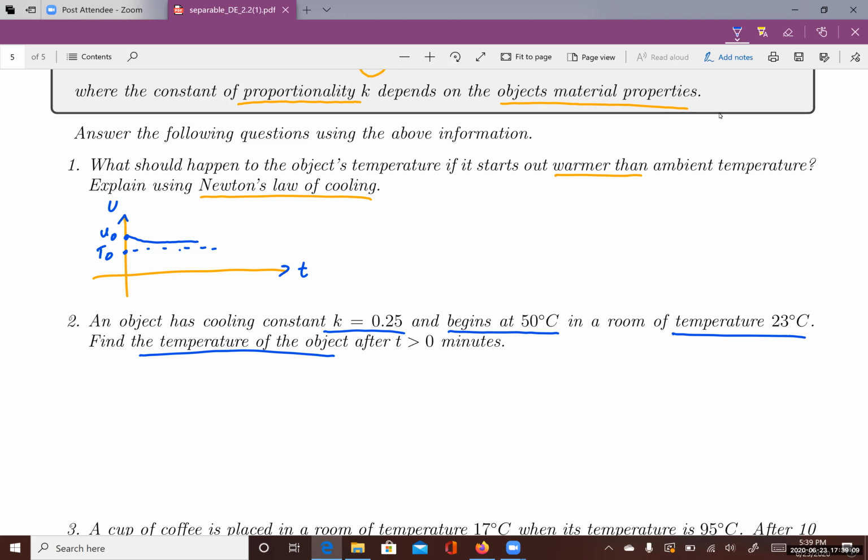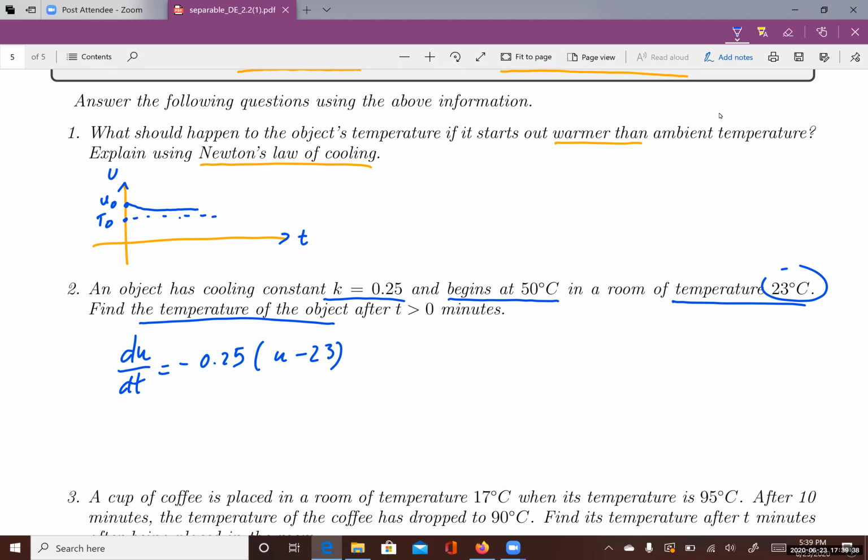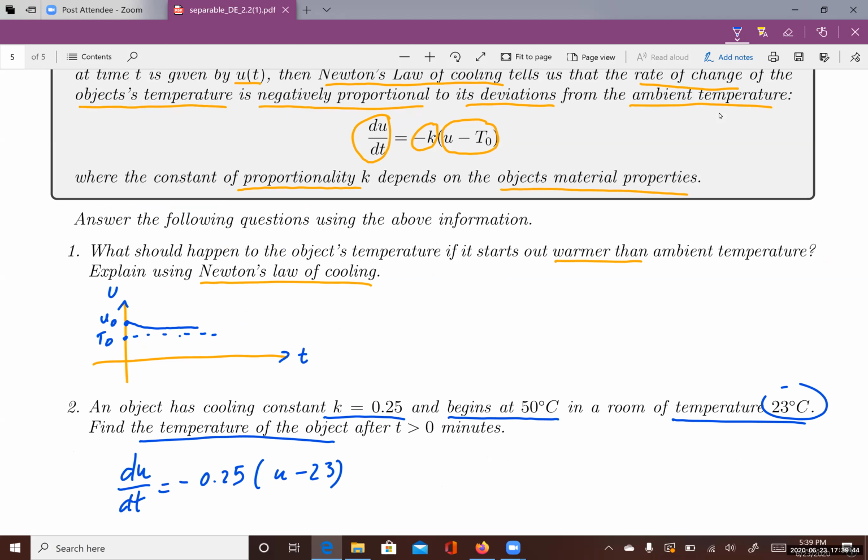So using Newton's law of cooling, we know that du over dt equals negative k, and k is 0.25, multiplied by U minus the ambient temperature, and this is the ambient temperature right here, 23. Okay, well, then we have a differential equation. Using Newton's law, we come up with a differential equation that uses the other properties this problem provides us.